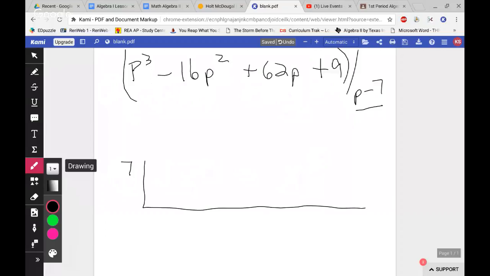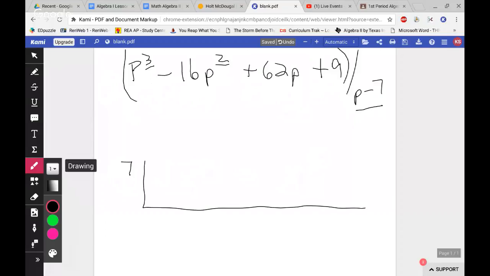As long as there's a third degree, a second degree, a first degree, and a constant, we do not need a placeholder. If one of these degrees had been skipped, you would need a placeholder. Does that make sense? Yes, ma'am.